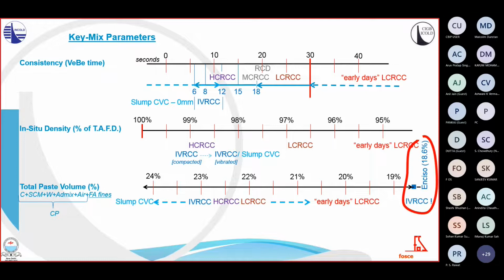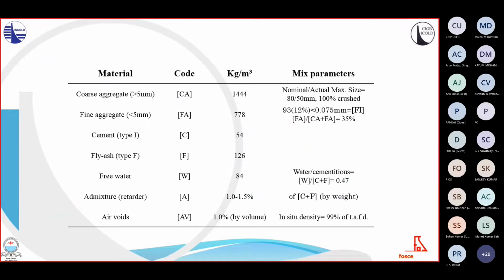Let's take this example to better explain the maths behind this parameter. These are the mixture proportions of an IVRCC mix placed in Enciso Dam. Coarse aggregate is 1,444 kg per cubic meter, actual maximum size of aggregate 50 millimeters, 100% crushed.